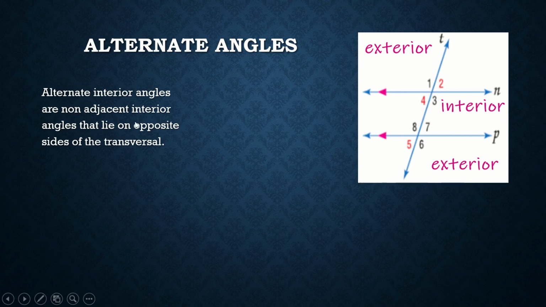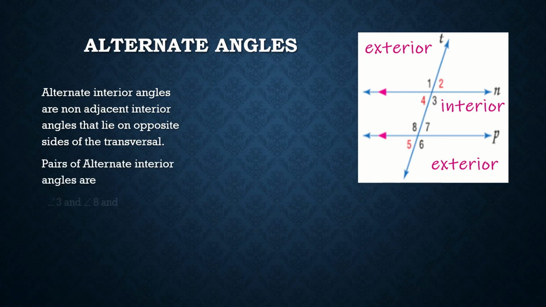So we need non-adjacent interior angles. So angle 3 and angle 8 are alternate interior angles. Therefore, pairs of alternate interior angles are angle 3 and angle 8, angle 4 and angle 7.